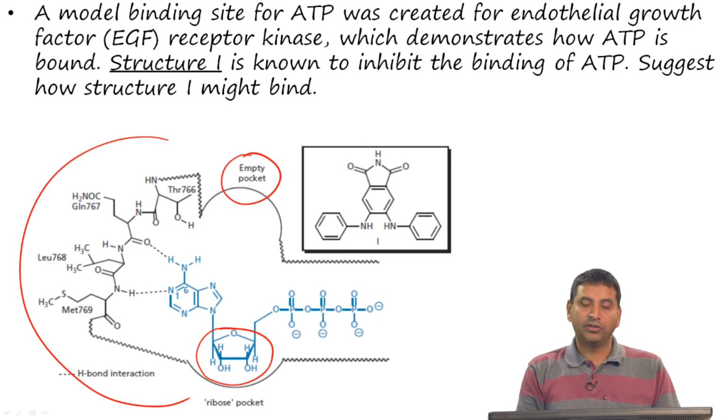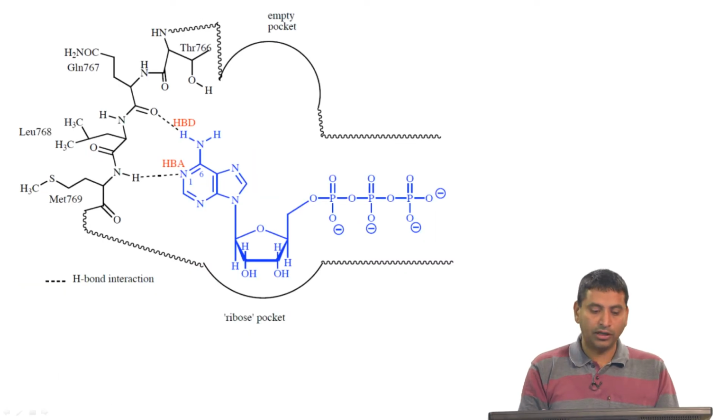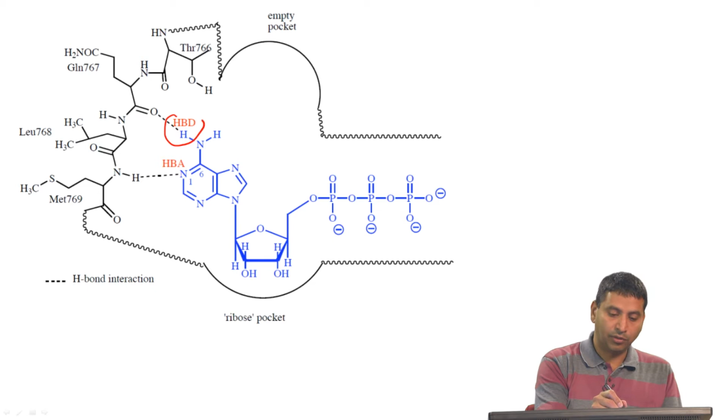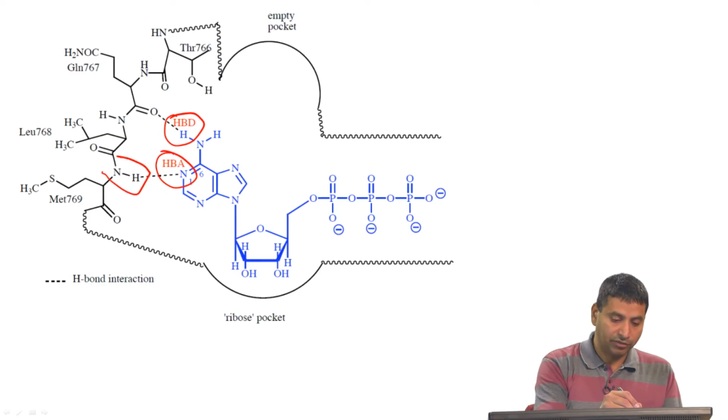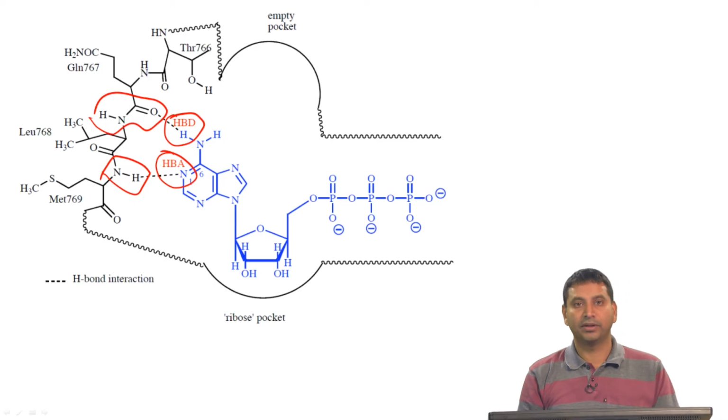So, in order to address this question, we shall first look at, since we already have the structure of the ATP bound to the protein pocket, we will be able to suggest some important interactions. So, if we look at the molecule, there is a hydrogen bond donor over here and there is a hydrogen bond acceptor over here in this nitrogen, and correspondingly the hydrogen bond donor and hydrogen bond acceptor is shown over here, right.